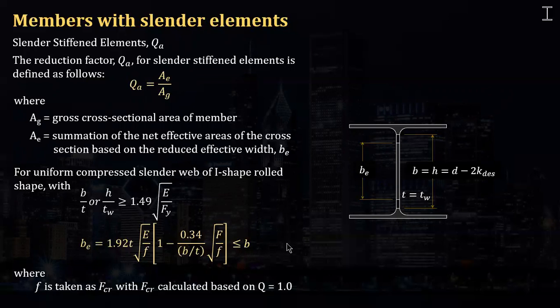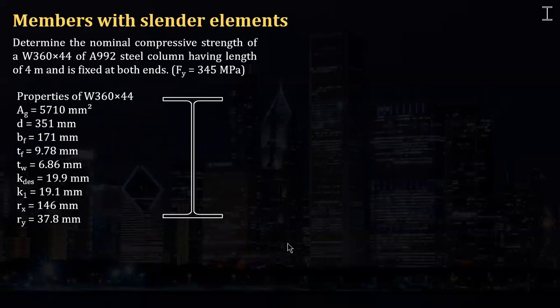Okay, so this is the example. Determine the nominal compressive strength of a W360 by 44 of A992 steel column having a length of 4 meters and is fixed at both ends. So Fy for A992 is 345 megapascal.